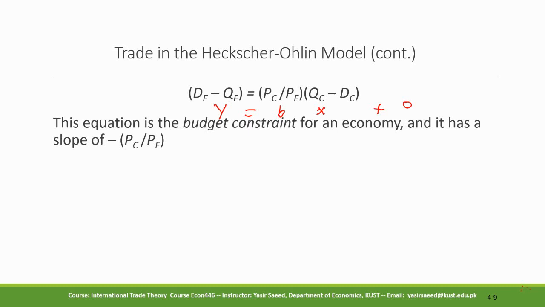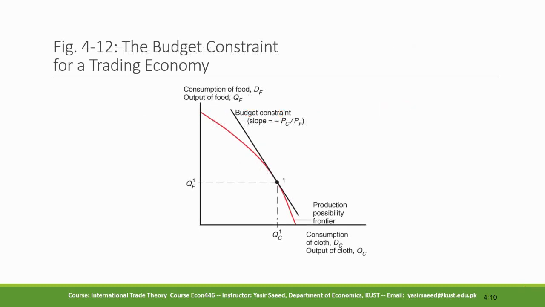So actually the budget constraint is given by this equation. And if you want to convert it into the other format, here we get DF minus QF, and take the entire right hand side equation to the left hand side, so that will be negative and it will equal 0. So here we are drawing it.